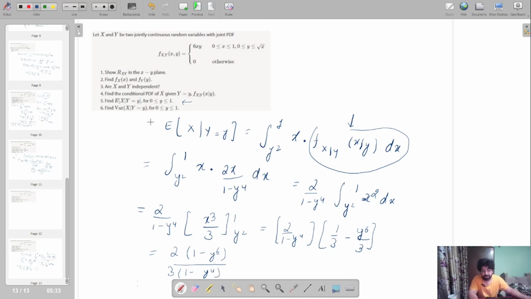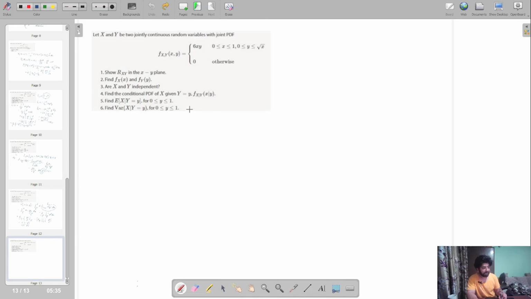Alright, let us move to the next one. In this case we have to find the variance. In order to find the variance, I can write Var(X|Y=y) equals the expectation E[X²|Y=y] minus the square of the expectation E[X|Y=y] for a specific value of y.